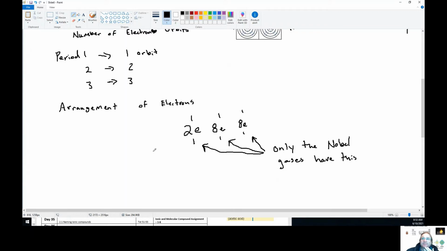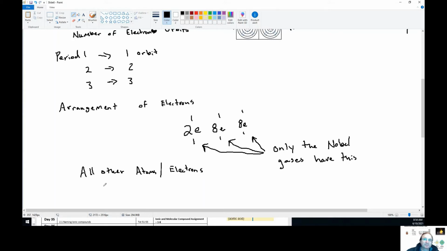All other atoms, elements, you know, when we're talking about properties, this will give them not only their physical, but their chemical properties.